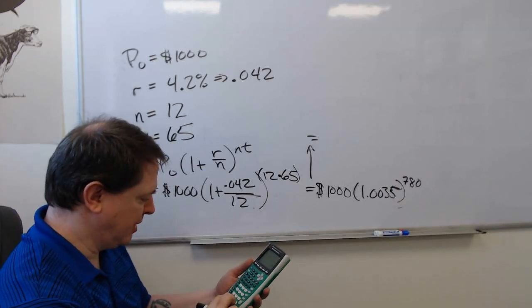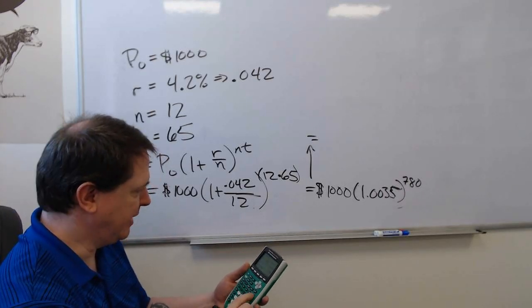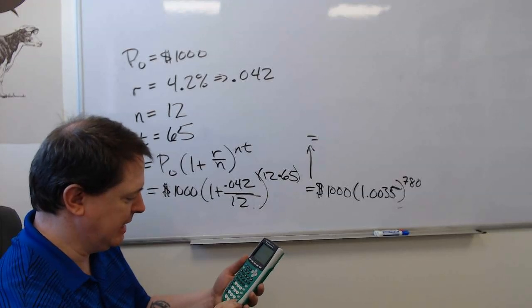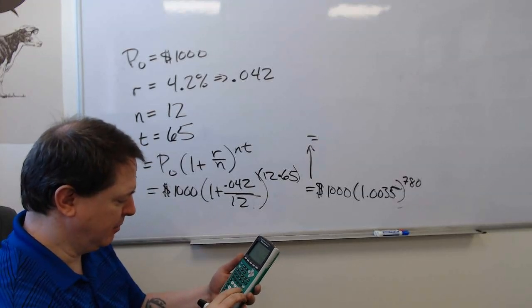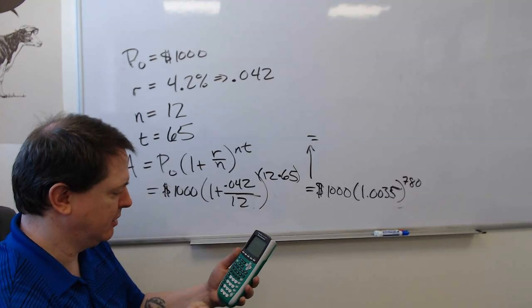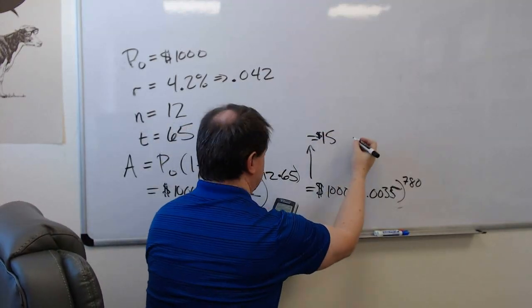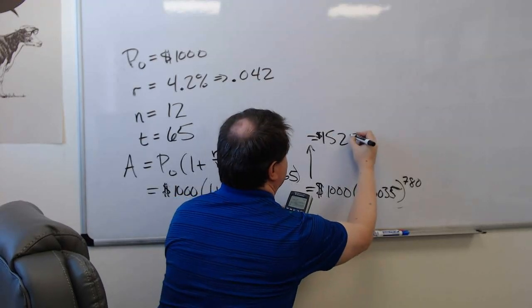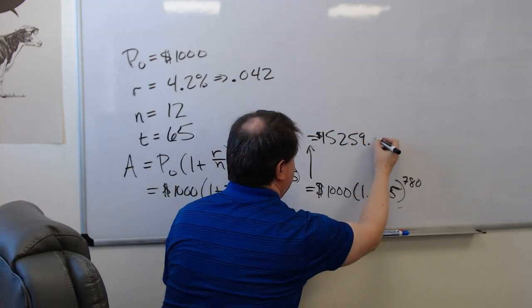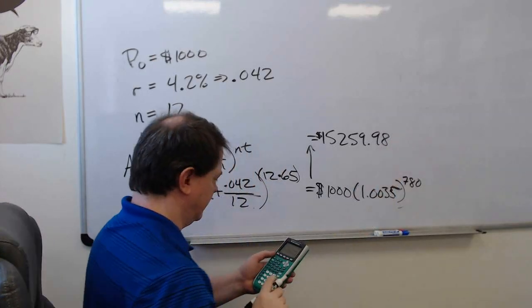So if I take 1.0035, raise it to the 780th power, and then multiply that by 1,000, we get $15,259.98.